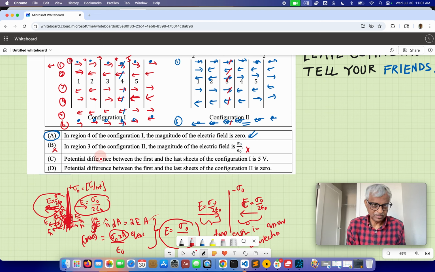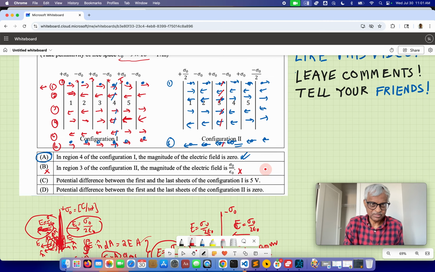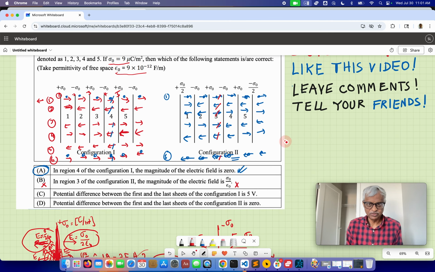Let's see the potential difference between the first and the last sheets. This is about potential difference now, right? So how do you do potential difference? Delta V is equal to minus the integral from A to B of the electric field dot dl.